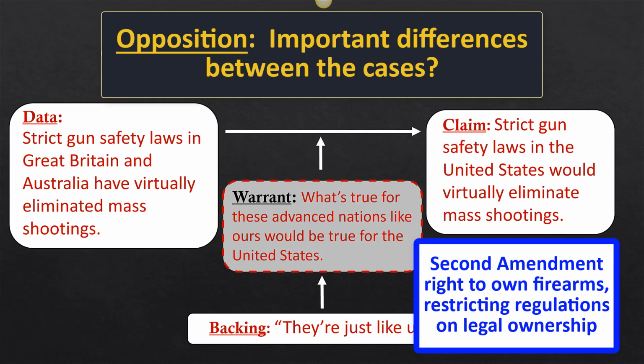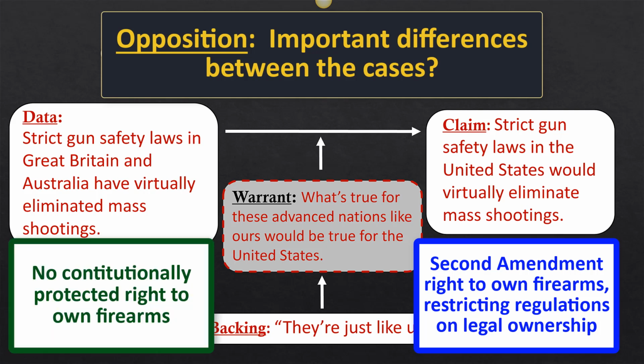And so one might argue that an important thing that makes us different is that we need to be very, very careful that the laws that we implement do not violate the right to keep and bear arms. Because if a law violates the Constitution, the law can and should be overthrown by the Supreme Court. And these other nations do not have a right to keep and bear arms baked into their constitutions. So that's a significant difference.